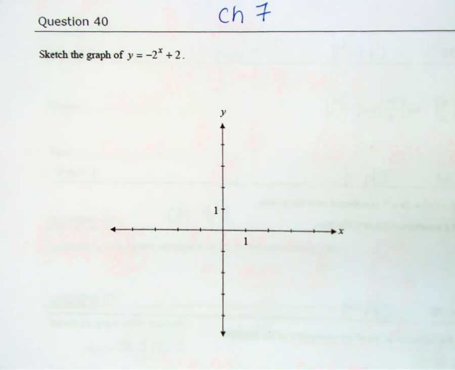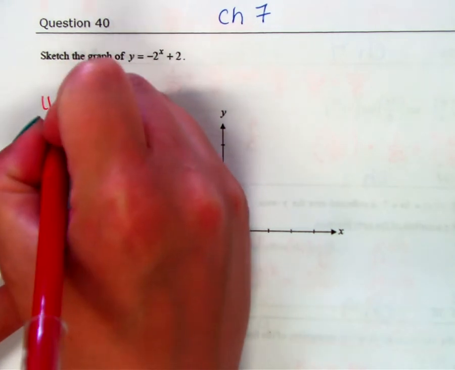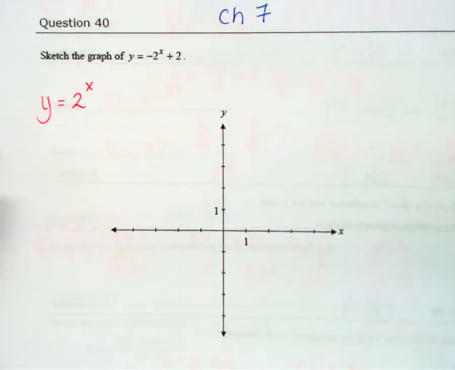Okay, can you graph this? So what graph is your base graph? Base 2, so it would just be y equals 2 to the exponent x if you were doing transformations. So what's happening transformation-wise?